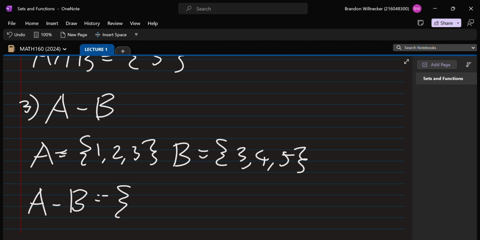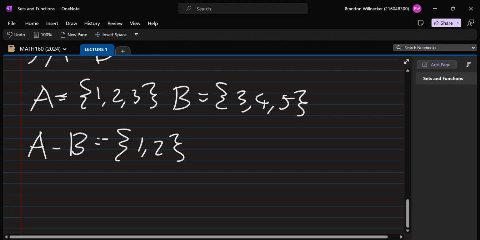B has 4 and 5, but A doesn't have 4 and 5. You can't remove something that's not there, so we don't worry too much about that. So 1, 2. That is what we get for that.